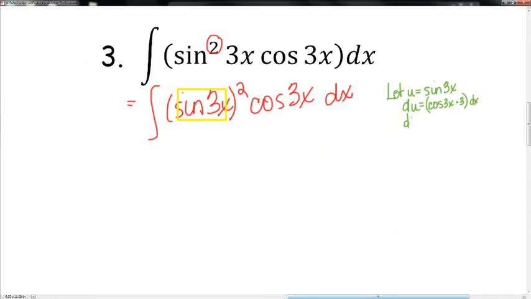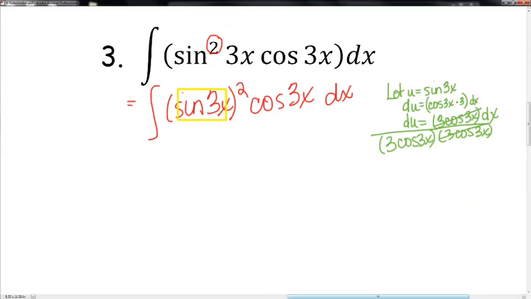So du, well, let's move the 3 in front. So 3 cosine of 3x dx. Well, now we need to solve for dx. So let's divide both sides by this quantity, 3 cosine of 3x. These guys will cancel. So dx is equal to du over 3 times cosine of 3x.